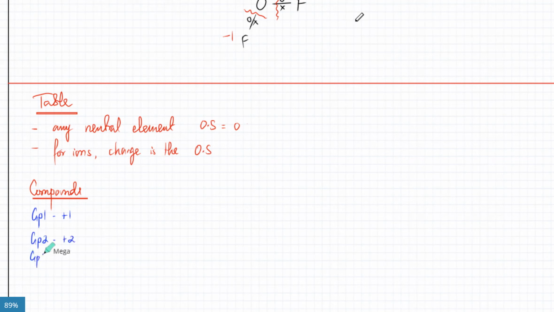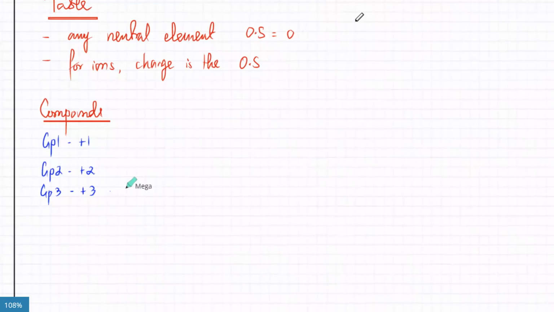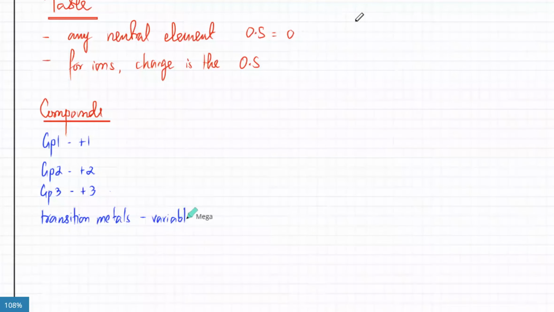Group 3 is always +3. And then you have transition metals, which are going to have variable oxidation states.